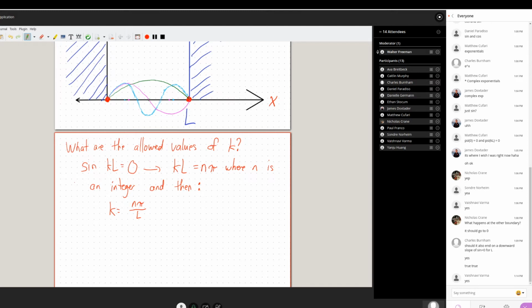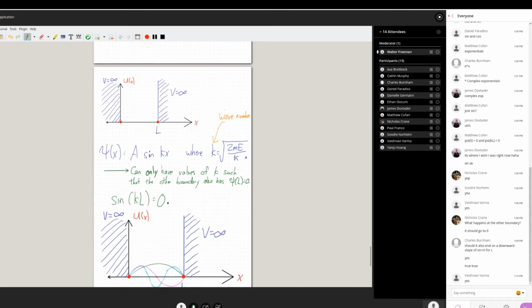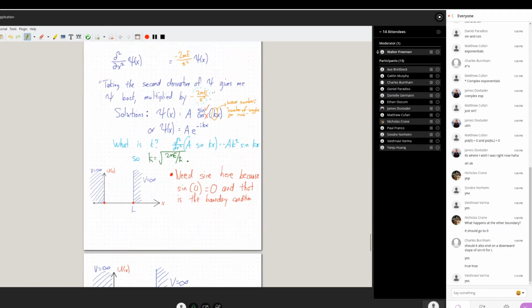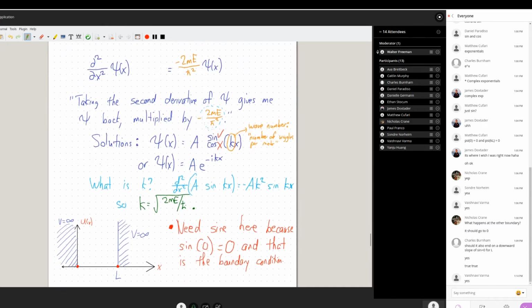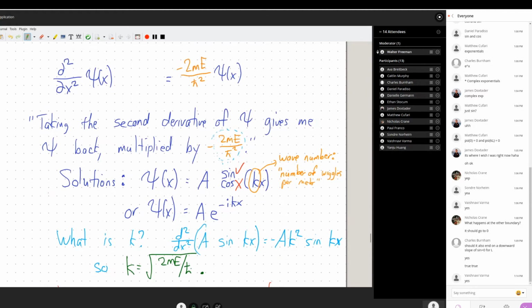Okay. So what this does... Oh, go ahead. Why is there a k in the sine function? So back here, when we were originally thinking of solutions to this differential equation, where when I take the second derivative what I get back is the same function I started with multiplied by 2me over h bar, the suggestions were sines and cosines.